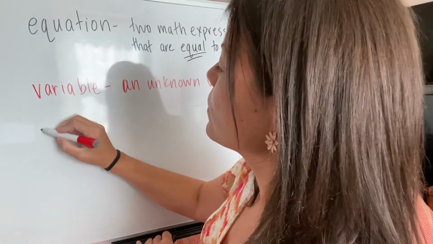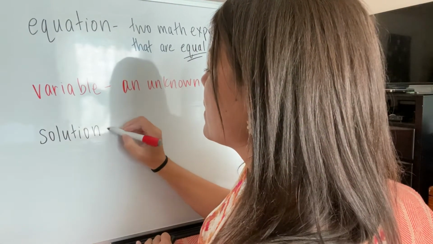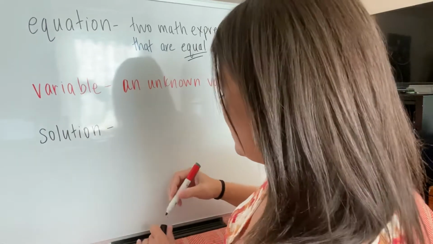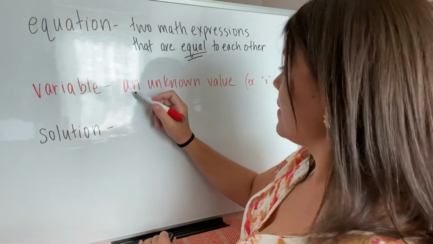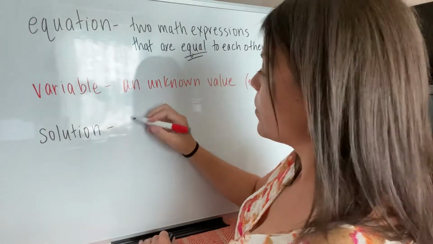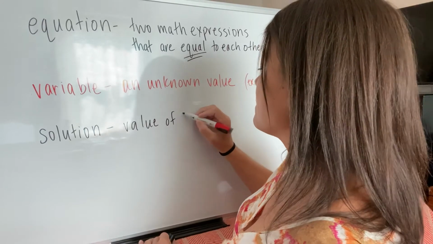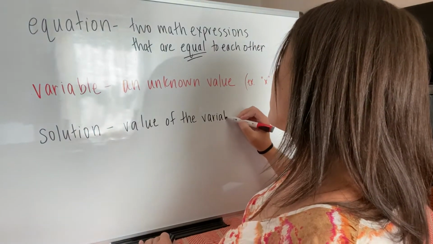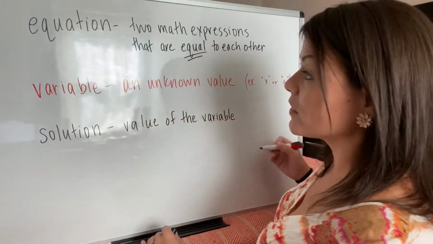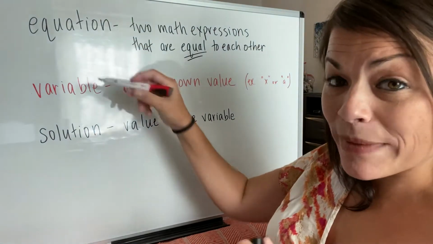So that's the third word we're going to go over here. A solution is the answer to your equation. It is the value of the variable. If you have the correct solution, when you plug it back in, the equation will be equal.